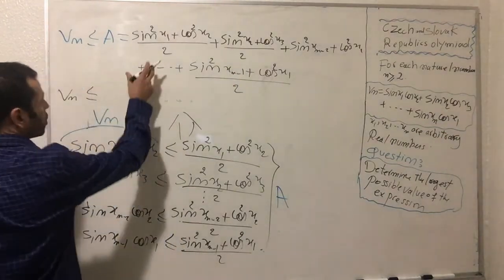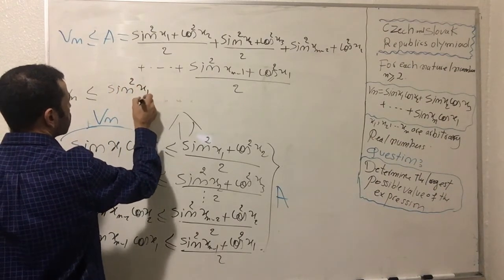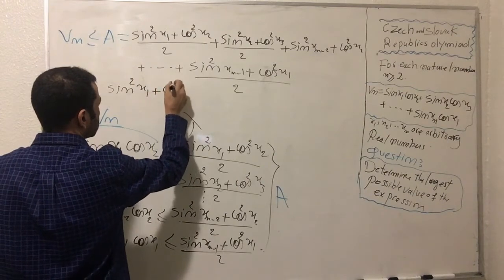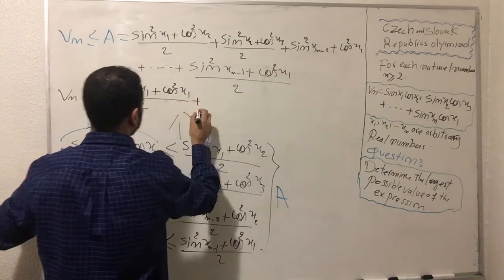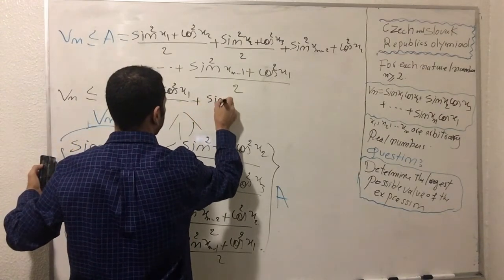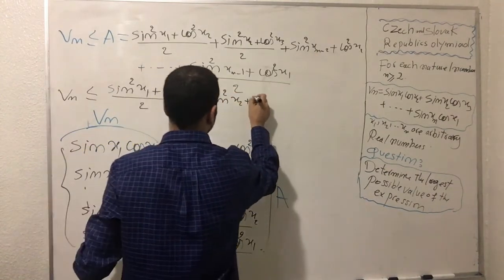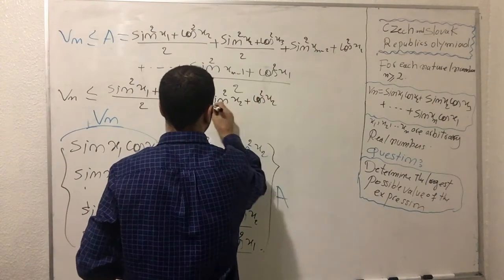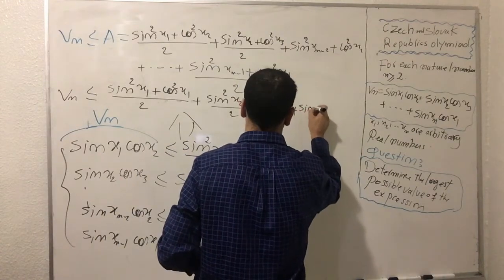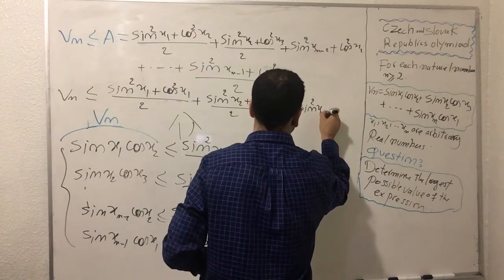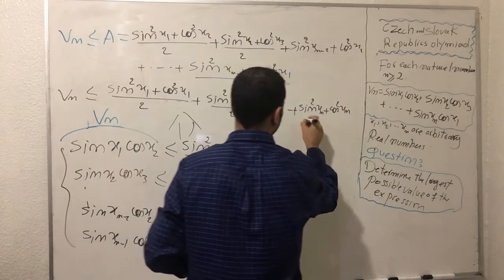So now, what does this one mean? So the sine square x sub 1 plus cosine square x sub 1 over 2 plus the sine square x sub 2 plus cosine square x sub 2 over 2, and all the way down until you get the last term, which is sine square x sub n plus cosine square x sub n over 2.